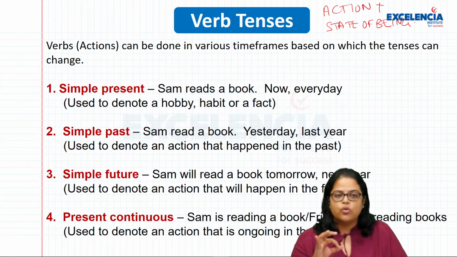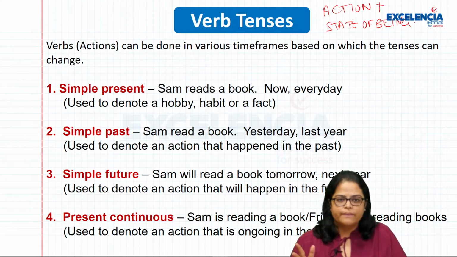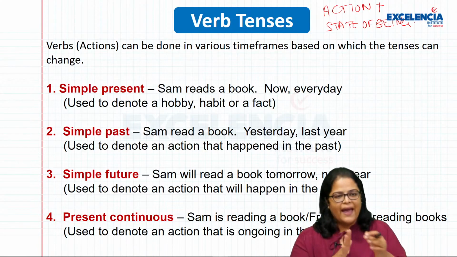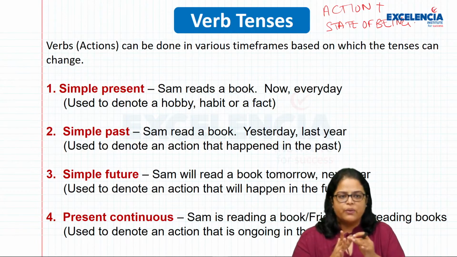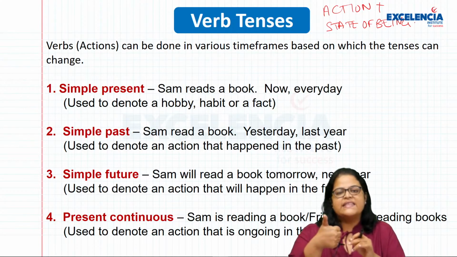But that is also a verb. So is, are, has, have, had, will, would, am, these are all also verbs. Yes, so can we establish that? Action words, of course, doing words, of course, and also state of being words. These are verbs.